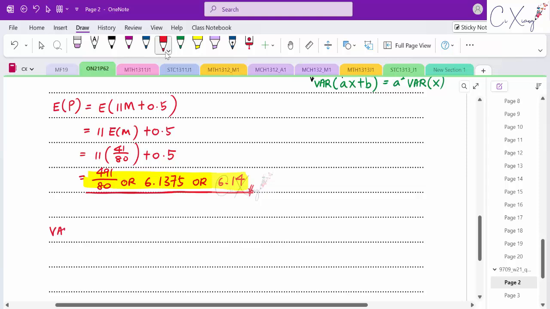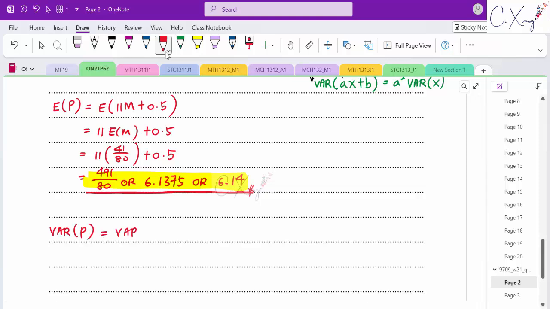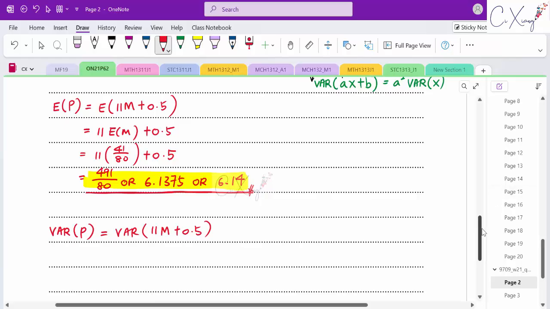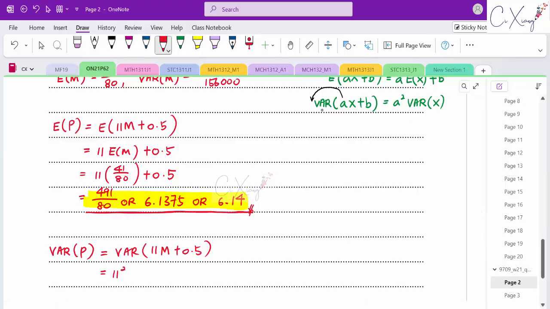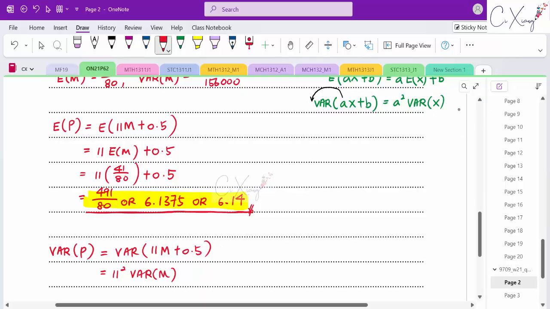Variance of P. To calculate the variance of P, I will have the variance of 11M plus 0.5. Again, according to the formula that I showed you here, when you want to take out any constant from the variance, you have to square the constant. It will be 11 squared, then multiply with the variance of M. And then the variance of 0.5 will give you a 0. So you see there's no b at the back here, right?